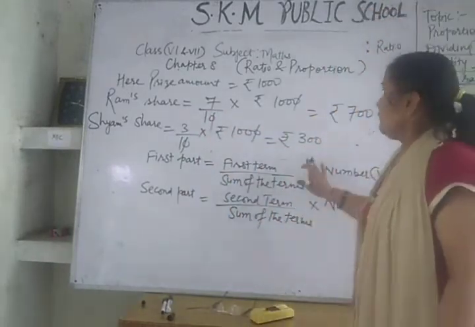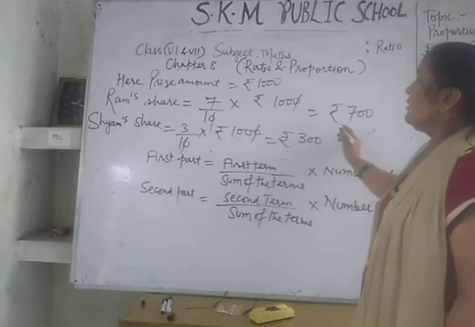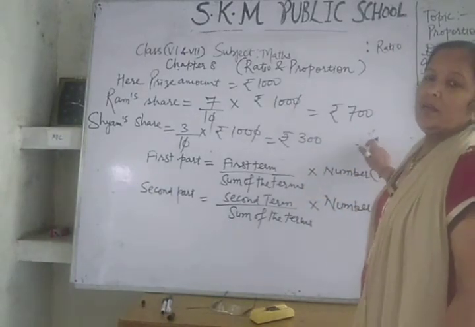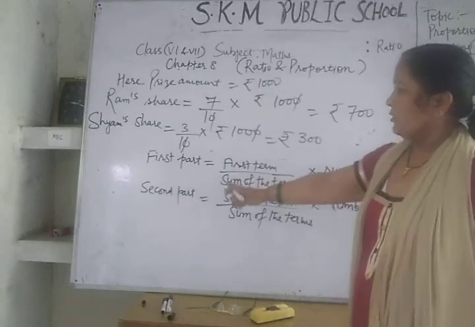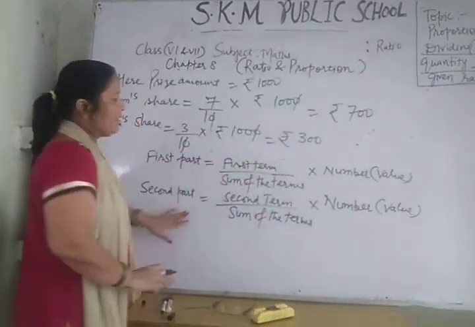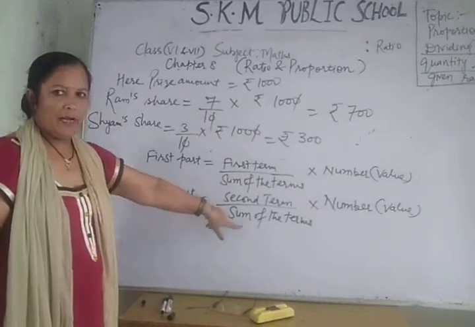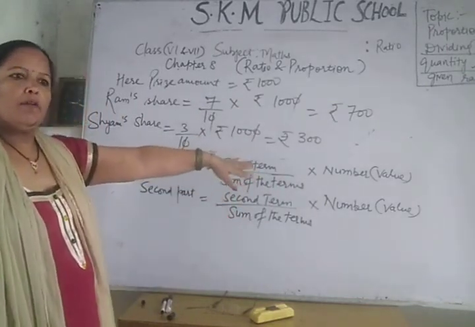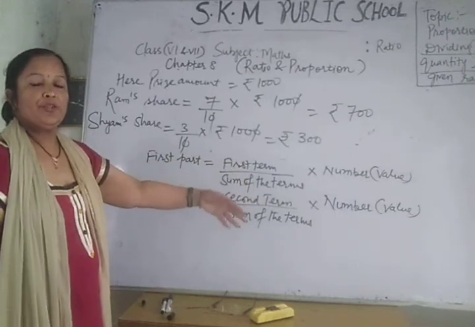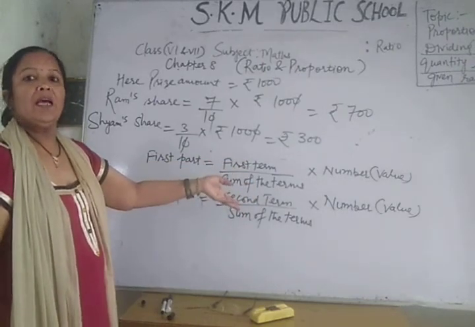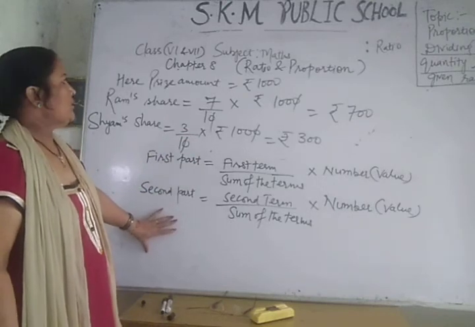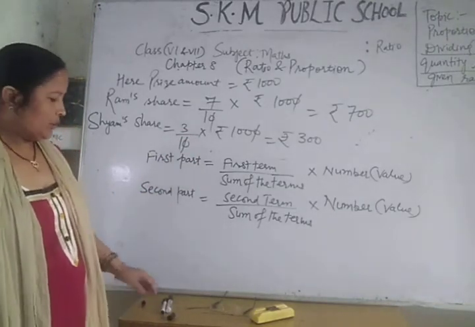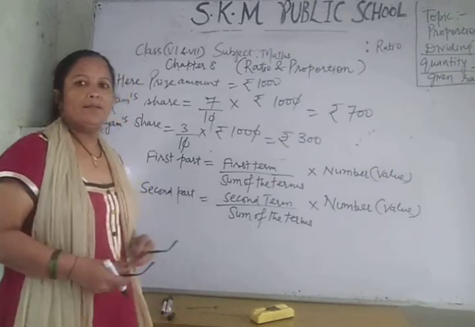If 3 are there, you will find the sum of the terms, and for the third part, take the third term divided by the sum of the terms into the number or value, whatever is to be distributed or divided. Do as per the formula and try to find a solution based on these formulas.